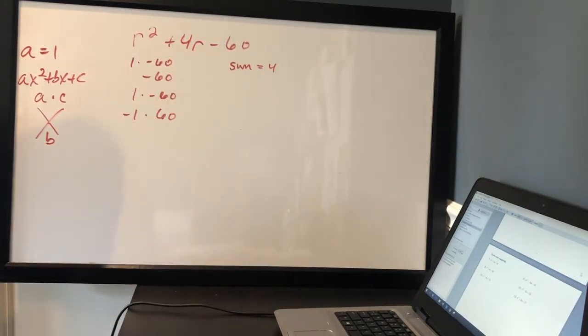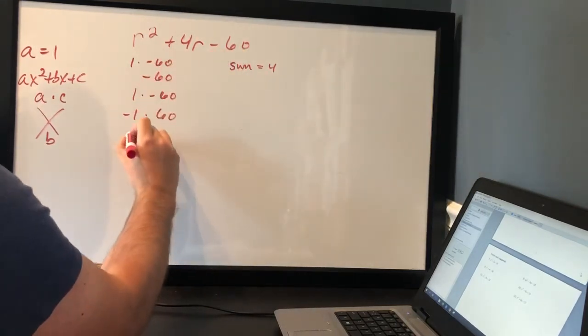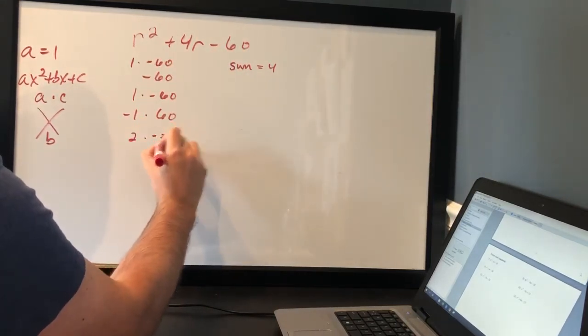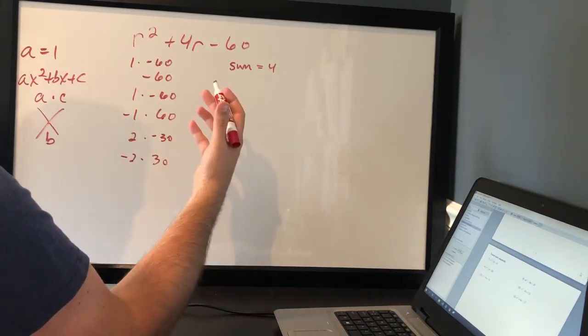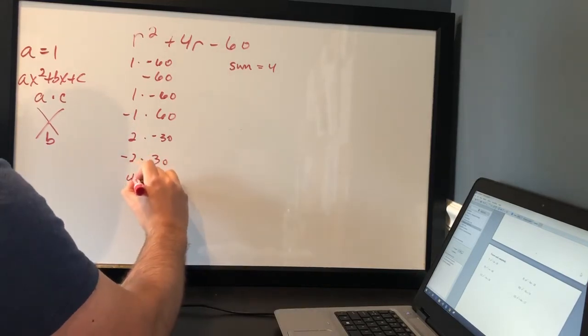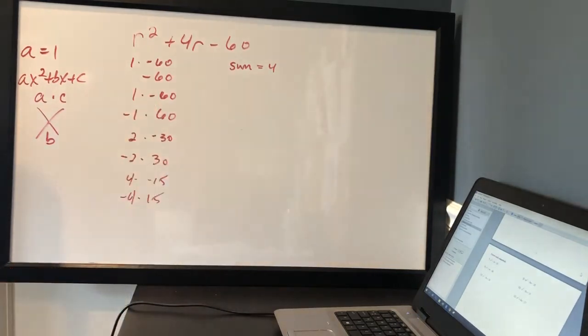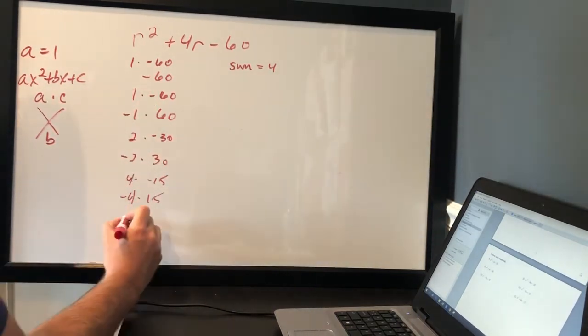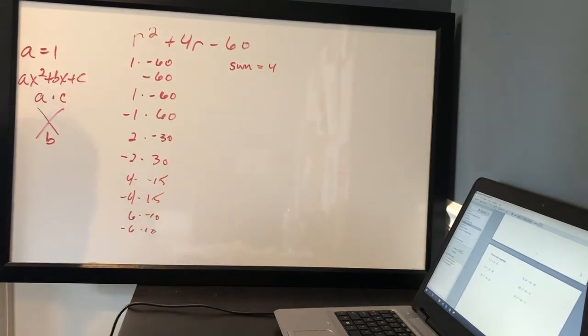As you start getting better, you'll do 2 and negative 30, negative 2 and 30, and then 4 and negative 15, negative 4 and positive 15. You'll keep going through this, and the next one is 6 times negative 10 and negative 6 times 10.